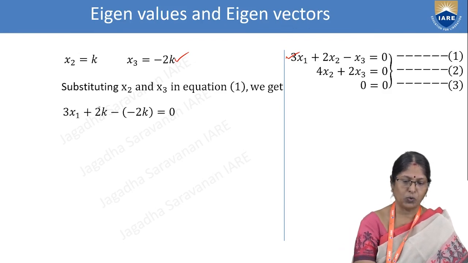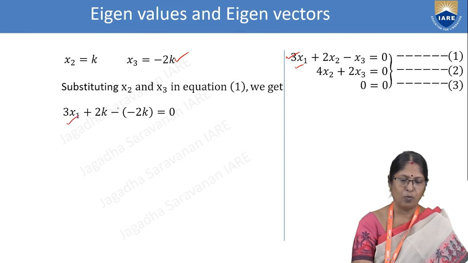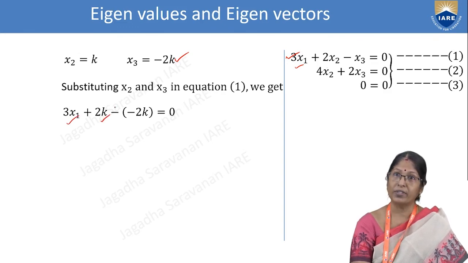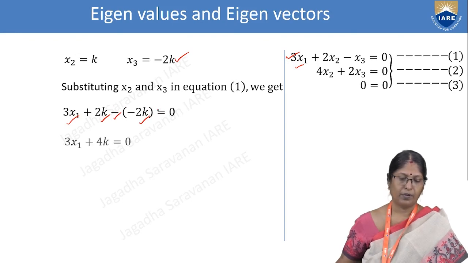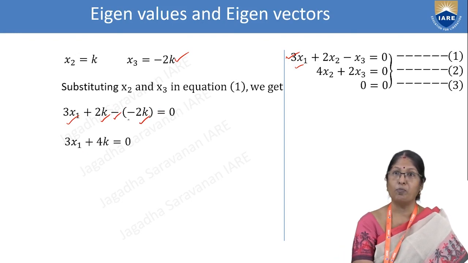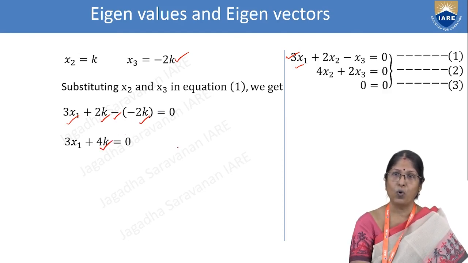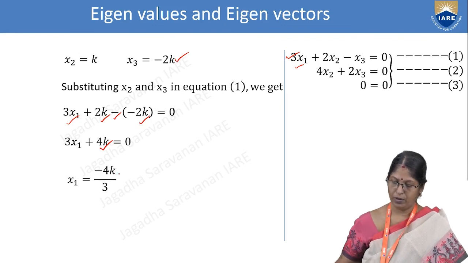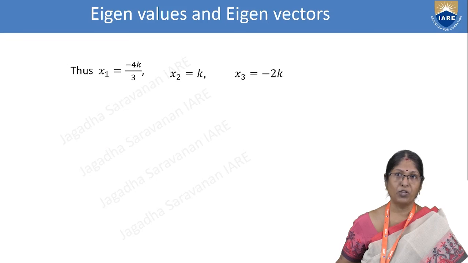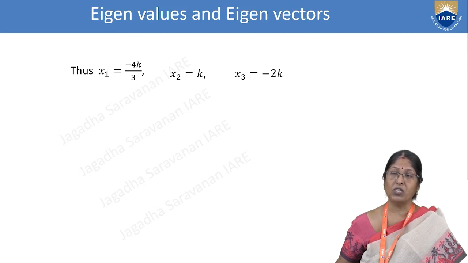So 3x1 is written as it is, plus 2, x2 is k, minus is written as it is, then x3 is minus 2k. It is simplification only: 2k minus of minus, plus 2k. So 2k plus 2k we got 4k. From which we obtained x1 equal to minus 4k by 3.